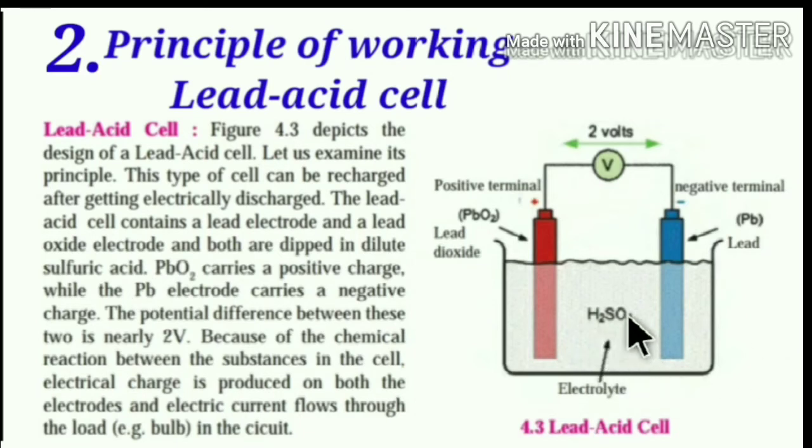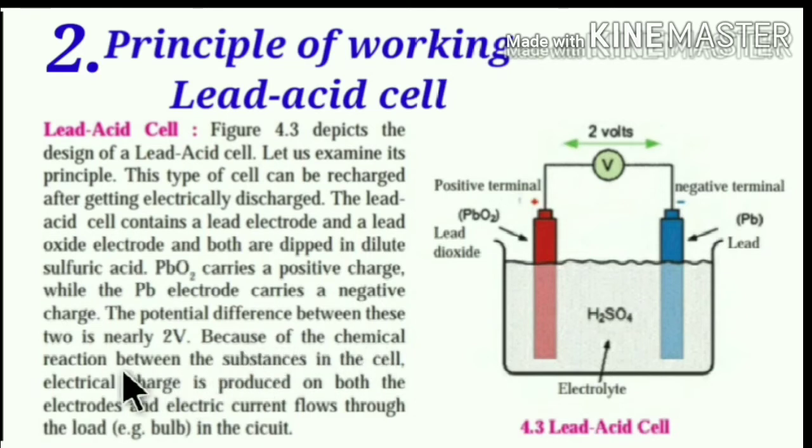PbO2 carries positive charge while the Pb electrode carries negative charge. The potential difference between these two electrodes is nearly 2 volt.